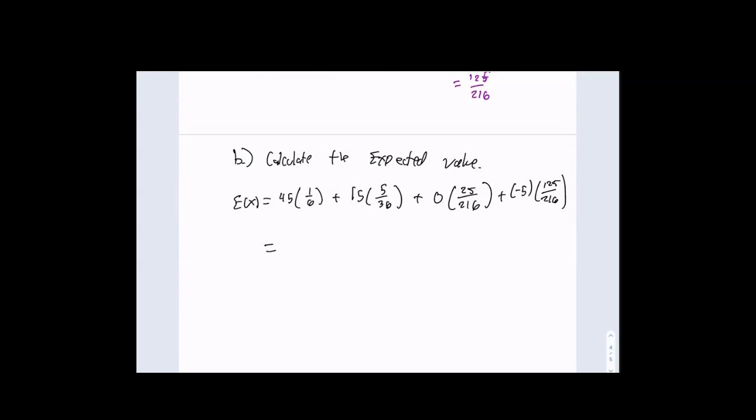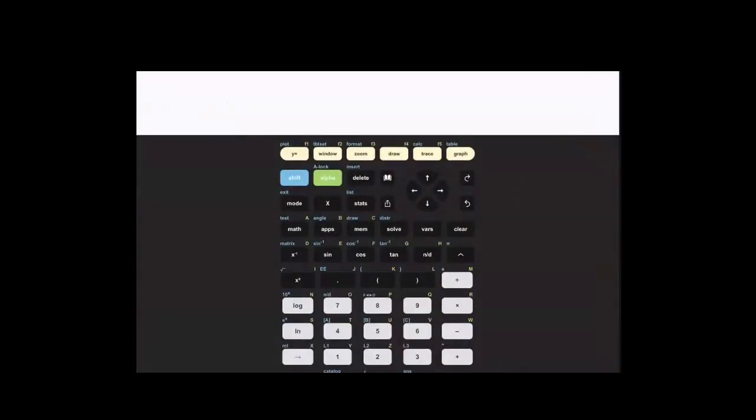All right, so I'll go to my calculator. 45 times 1/6 plus 15 times 5 divided by 36 plus 0 times 25 over 216 plus parentheses -5, or if you want to write -5, it's perfectly fine.